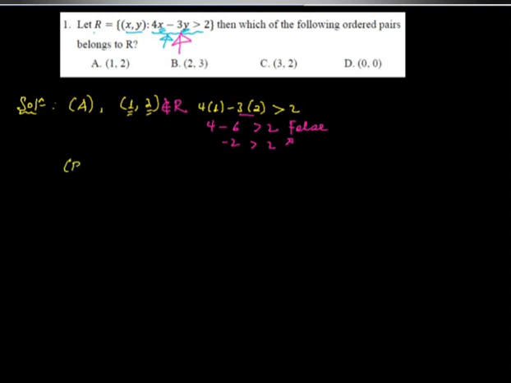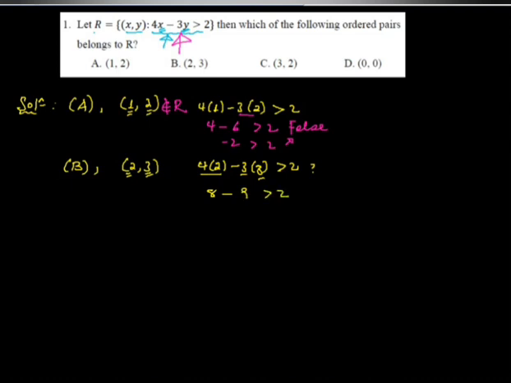Let's check the B case. In B, what we have is (2, 3). (2, 3) check እናደርጋለን። So 4 times x minus 3 times y, x is 2, y is 3. 4 times 2 is 8, 3 times 3 is 9.